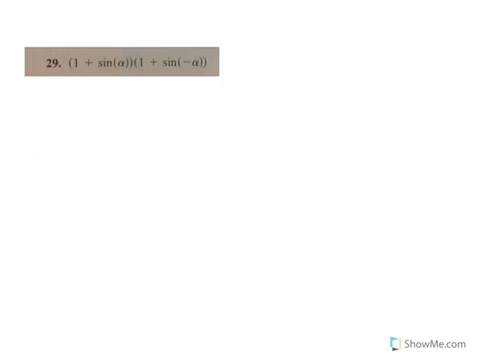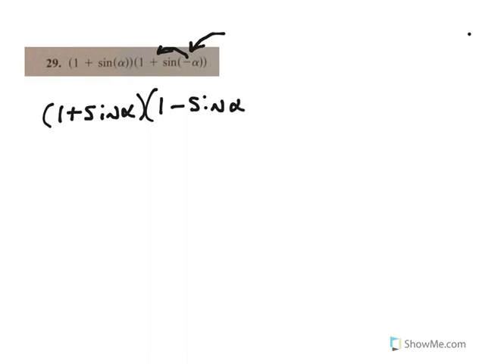And question number 29. So again, we have a negative angle, negative alpha, so we're going to bring that out to the front. So we'll say 1 plus sine of alpha is in the first parentheses, and then 1 minus sine of alpha, because we're going to bring the negative out to the front, is in the second set of parentheses.